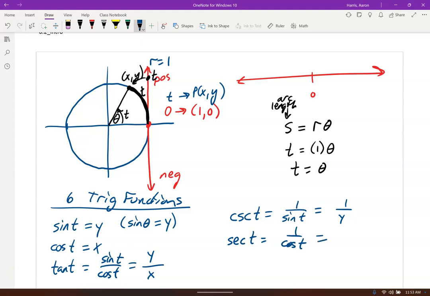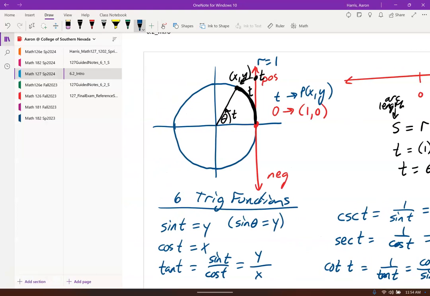Since the secant is 1 over cosine and the cosine's x, this will be 1 over x. The cotangent of t is 1 over the tangent. So it flips the tangent over. In other words, instead of sine over cosine, it's cosine over sine. Cosine's x, sine is y.